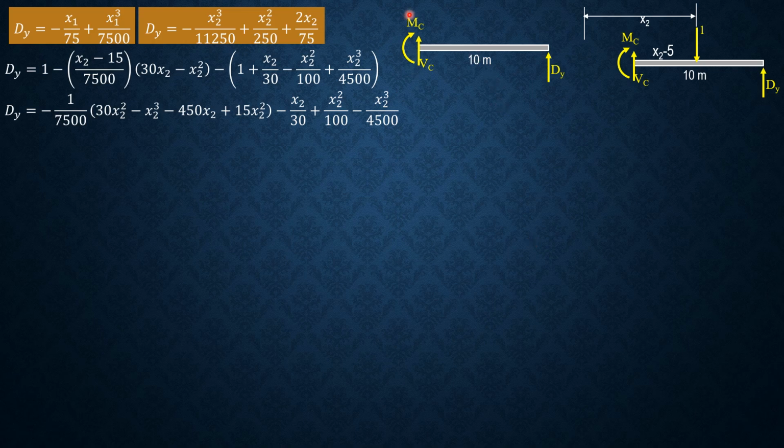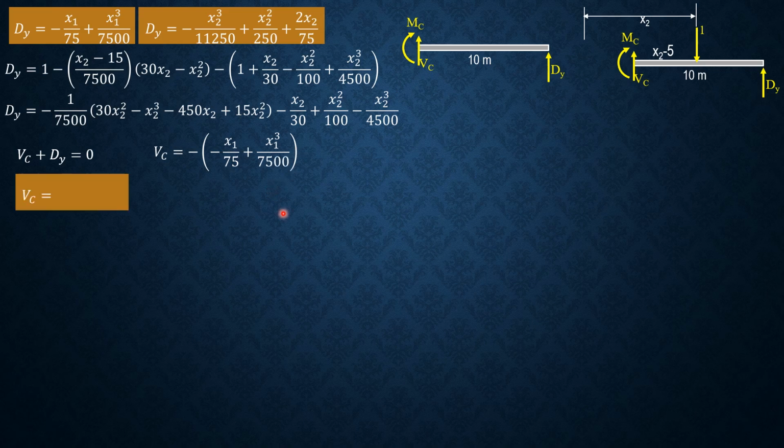Considering this portion, V sub C plus dy equals 0, so that means V sub C is negative of dy. Since in terms of x1, this is dy, so negative of negative x1 over 75 plus x1 cube over 7,500. Simplifying, V sub c is x1 over 75 minus x1 cube over 7,500.